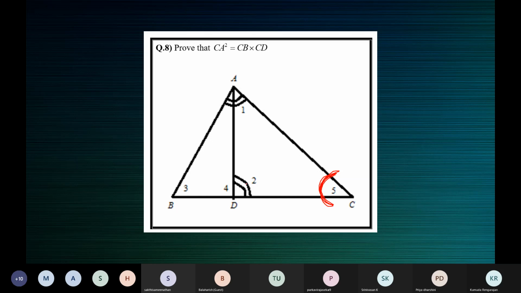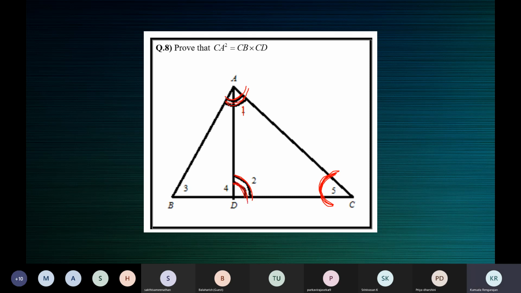Then it is given that this angle of the small triangle, angle 2, is equal to this angle of the big triangle, angle 1. See, it's marked like that. You can see the double curves here and here. That means they're equal.